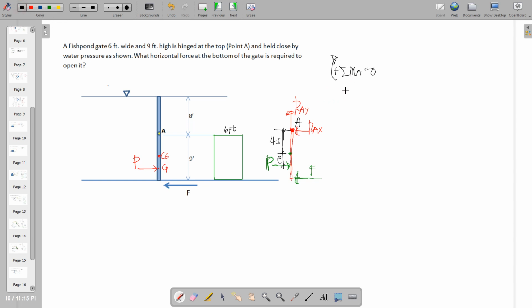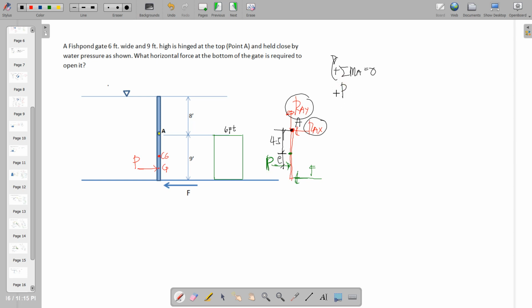Anyway, we'll just have to perform this for the meantime. So here, if we take moments at A, we do not have any moment arm at those reactions. Hence, we have a rotation coming from P that is counterclockwise.